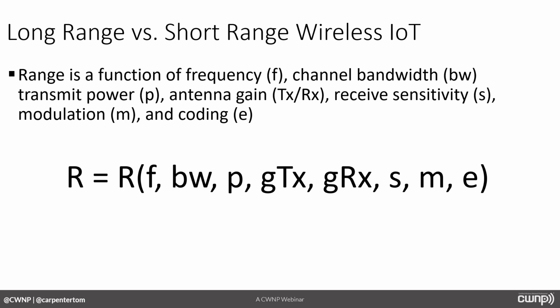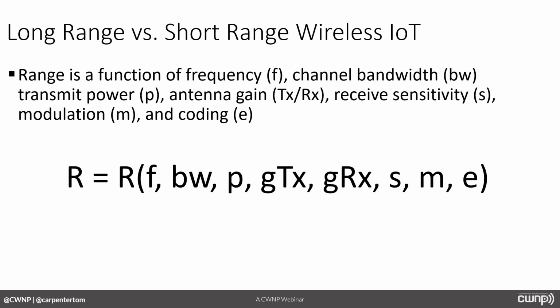And then the modulation impacts it. The more complex a modulation, the better signal to noise ratio or signal to interference and noise ratio that we need. And so with less complex modulation, we can get by with lower SNR, even negative SNRs, as I'm going to talk to you about a little bit later on. And so modulation impacts the range.